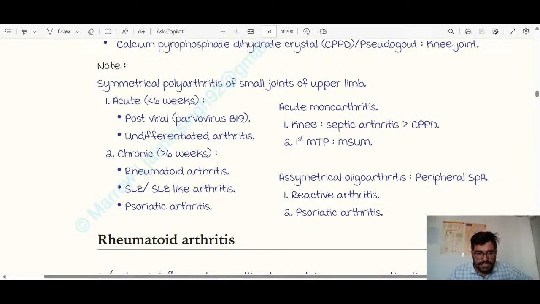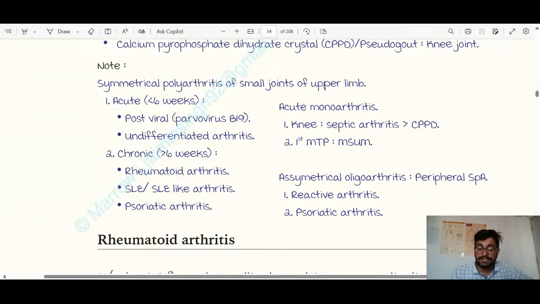In acute monoarthritis of the knee: septic arthritis, more than CPPD, calcium pyrophosphate dihydrate crystals, pseudogout. First MTP: MSUM will be affected in this. In chronic: rheumatoid arthritis, SLE-like arthritis, pseudoarthritis, asymmetric oligoarthritis, peripheral SPA, reactive arthritis, psoriatic arthritis.